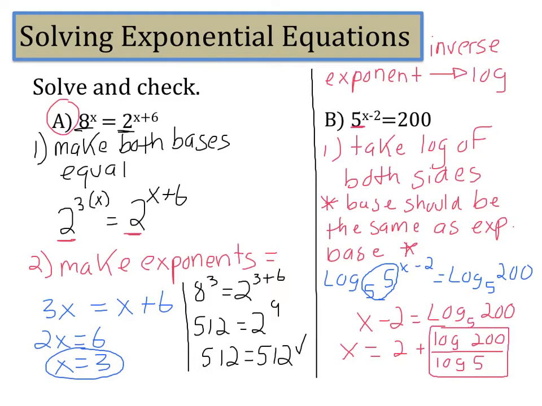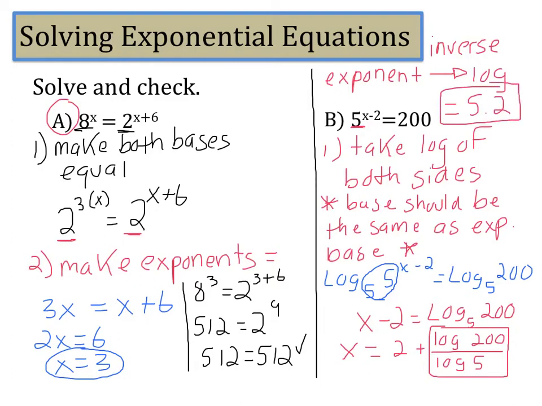You should have already learned that, but if you need to research it, just research change of base formula. So we punch log 200 over log 5 in our calculator, add 2 to it, and our answer is about 5.2.